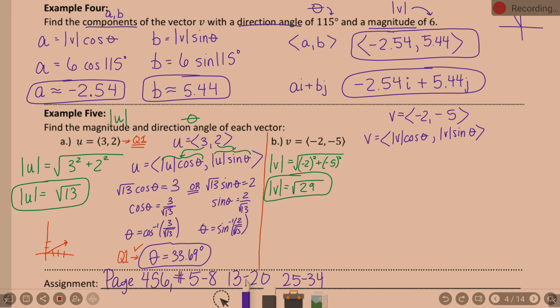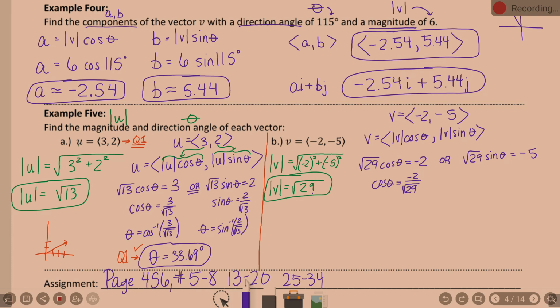What is my absolute value of v? So we can set up square root of 29 times cosine theta equal to -2. Or you could set up square root of 29 sine theta equals -5. I'm just going to solve the horizontal component. What do we know about cosine theta? -2 over square root of 29.